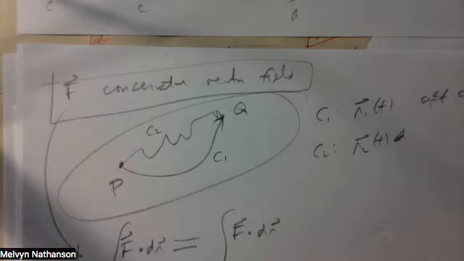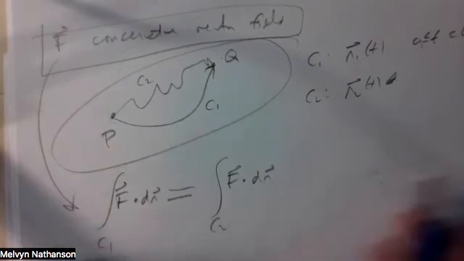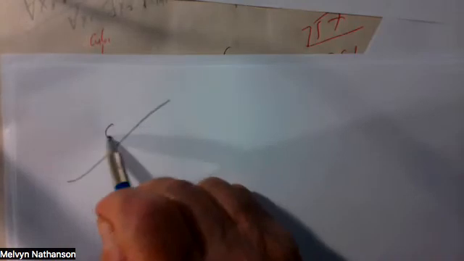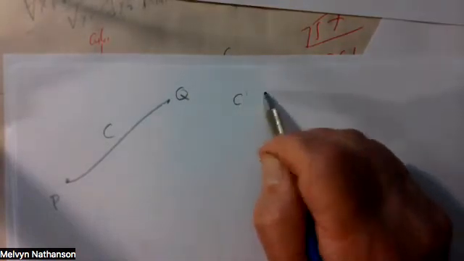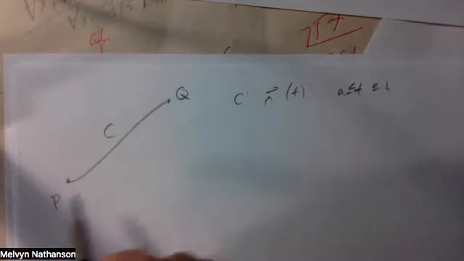Let's see if there's a way to sketch a proof of this fact. So let's see what happens. Suppose here we have this curve C from P to Q. So C is given by some function r of t, where t is between a and b.